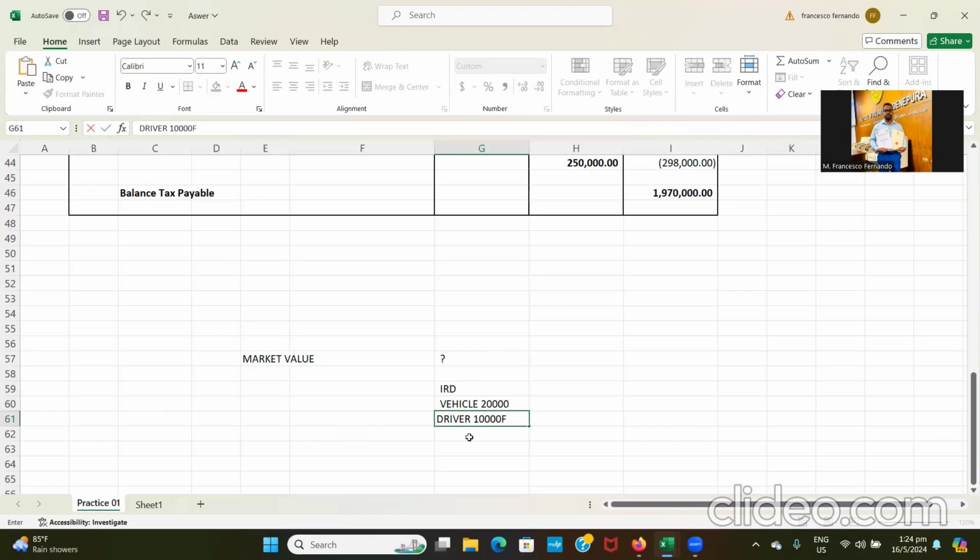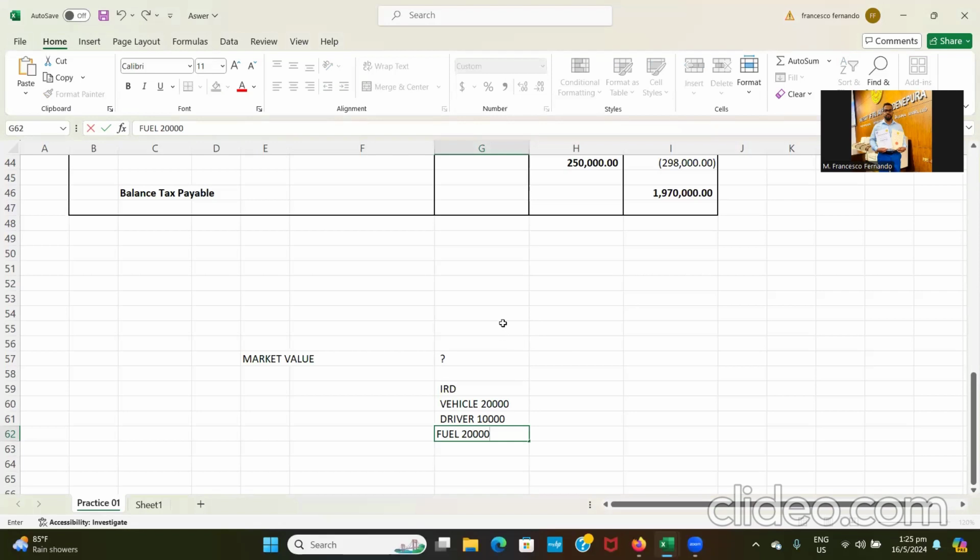And for the fuel per month it is 20,000, as Changa said. So it's better you note down these things somewhere, because if the market value is not given only, we should use the inland revenue guidelines, right? So vehicle 20,000, driver 10,000, fuel 20,000.